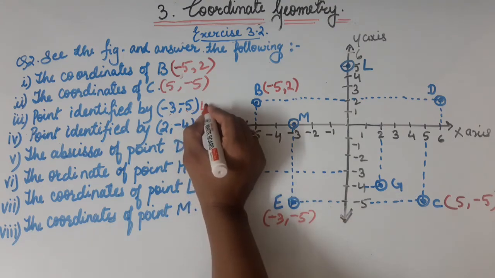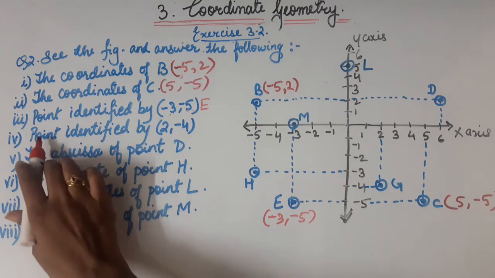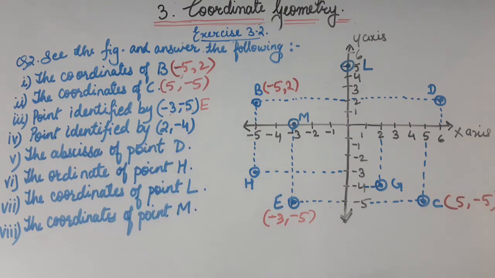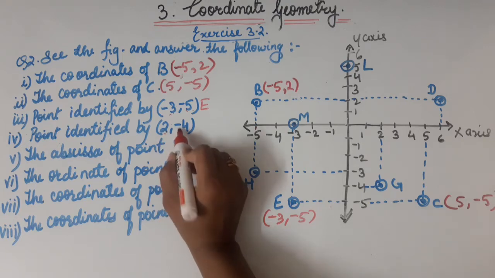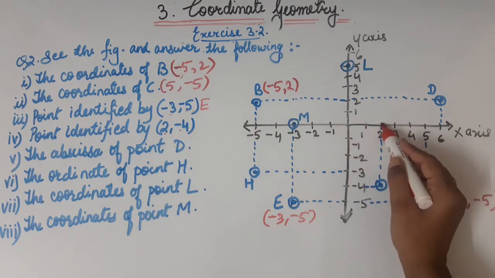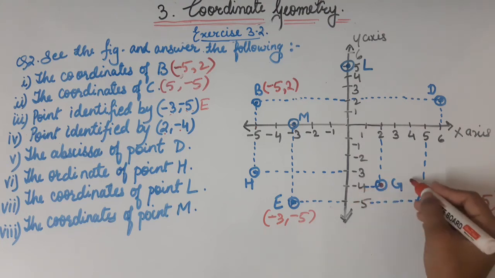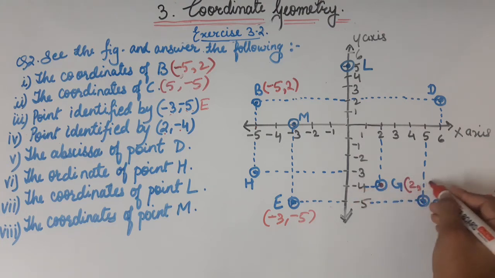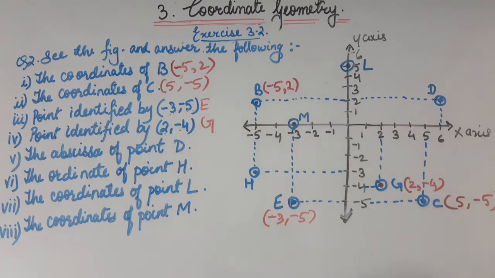So the answer will be point E. Then the fourth question is the point identified by 2 comma -4. The x coordinate is 2, y coordinate is -4. So you come down here and this is your point G with 2 comma -4 as its coordinates. So the answer is point G.